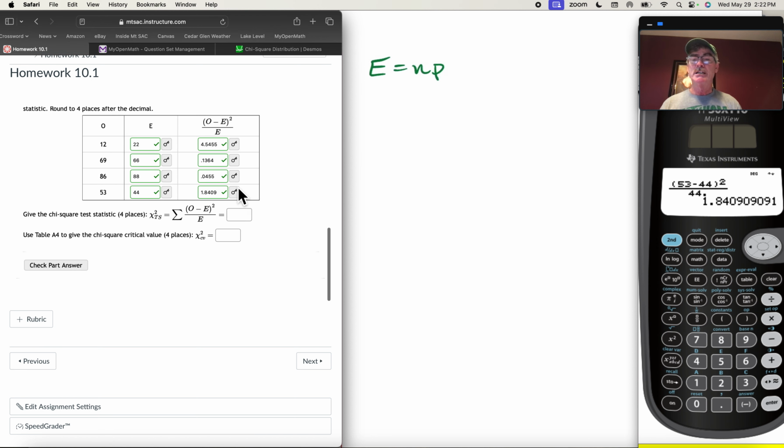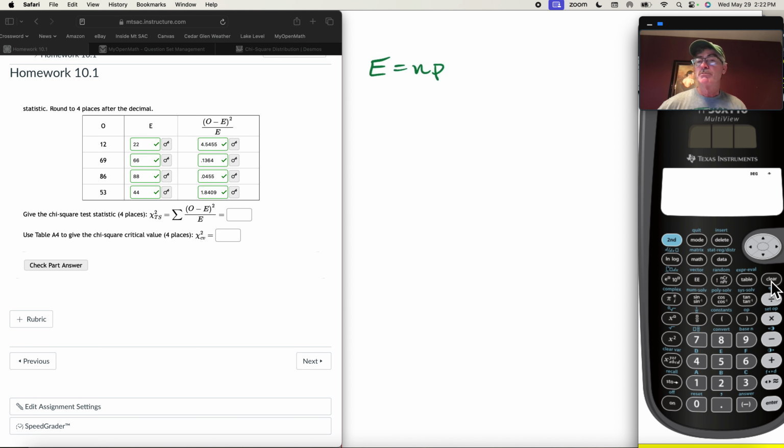Yeah, so these are all great. And so we just need to add those up. And so I guess I'll do that over here. So first one, 4.5455 plus 0.1364 plus 0.0455 plus 1.8409.